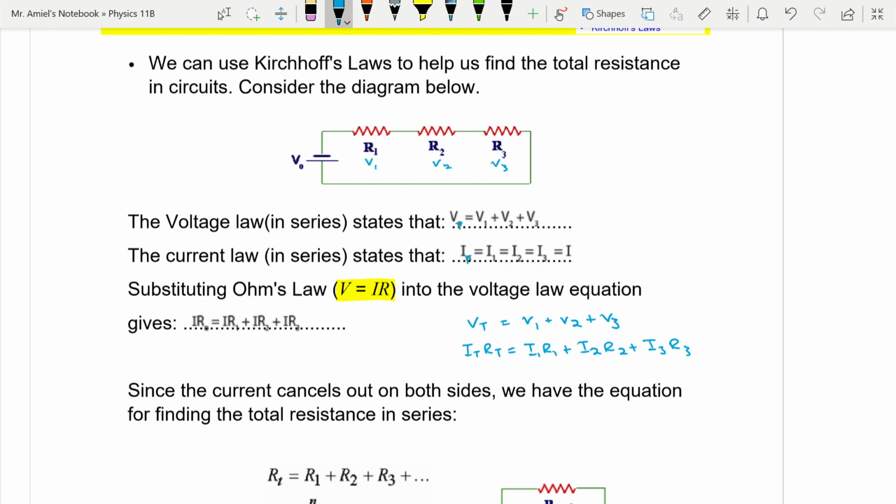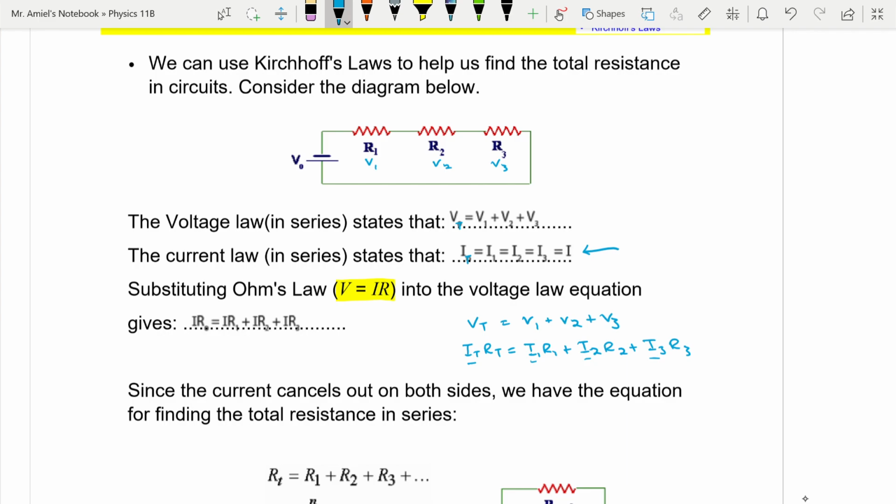Now we can say, well, what do we know about our current when we're in series like this? We know that all of these individual currents have to equal our total current. That gives us something really handy that we can do. We can factor these out.